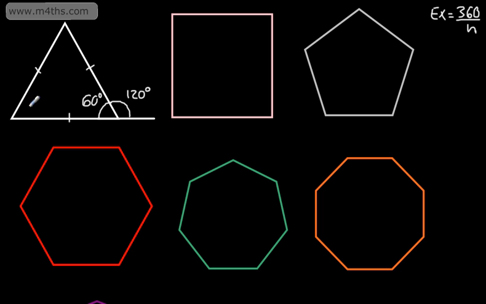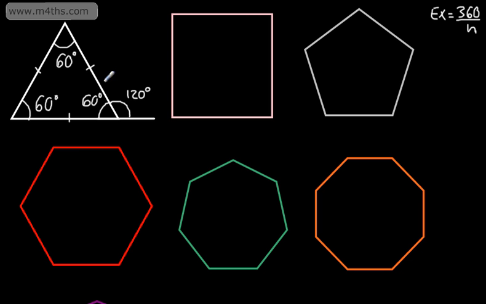We knew that was the case anyway, as we have an equilateral triangle. But we can simply find now the exterior angle by doing 360 divided by the number of sides. So you might have thought, well, in that case it's pretty pointless. As you'll see later on, it can be quite handy.